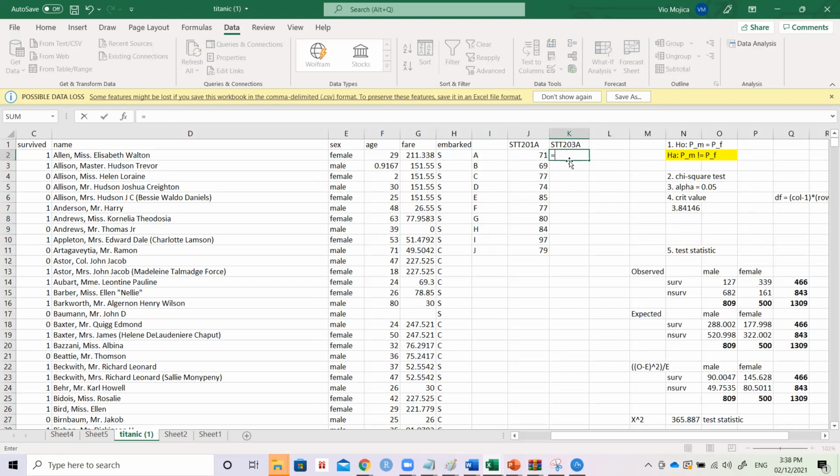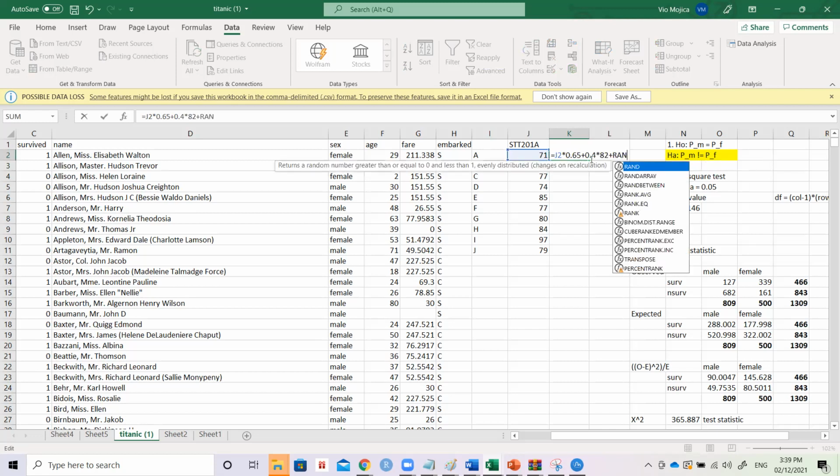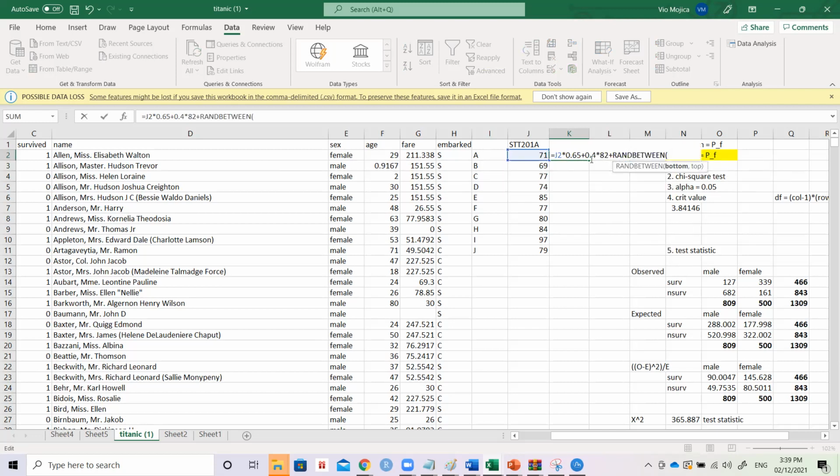Is equal to this one times 0.65 plus 0.4 times 82. Wait lang ha. RANDBETWEEN 0 to 10.